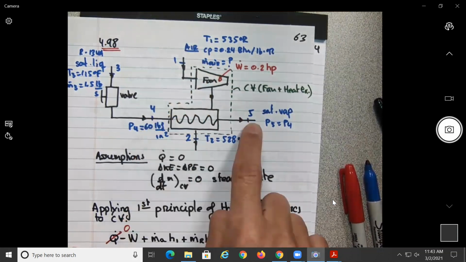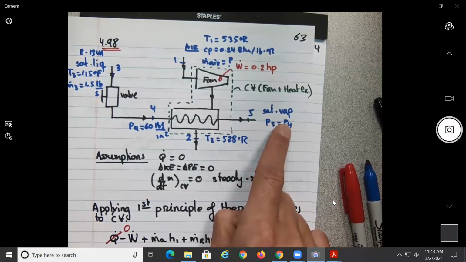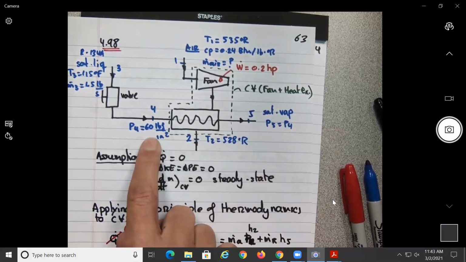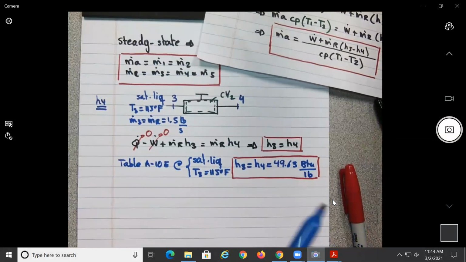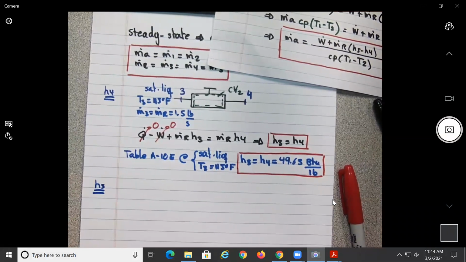What do we need to find? H5, no? Do we know two things about H5? Looks like we know saturated vapor, and this is telling us that P5 equal to P4, but they are kind enough to give us already P4, no? All right, so let's find H5.